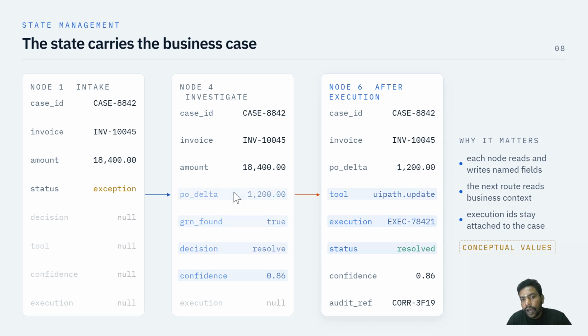So now, after seeing these two states, you can see the PO delta, goods receipt found, decision, confidence. Everything is highlighted.